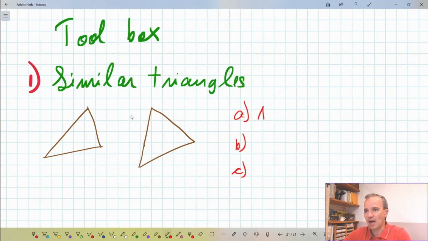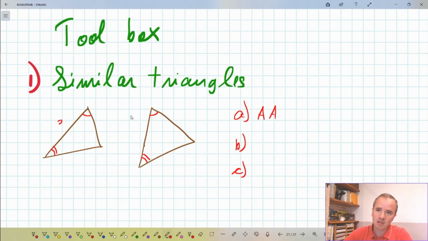First, if we have two equal angles, we can say it is a similar triangle. What does that mean? It means that if this angle is the same as this one, and maybe this angle is the same as this one, I can tell you that those two triangles are similar. Does that mean they are equal? No, it means they have the same shape.